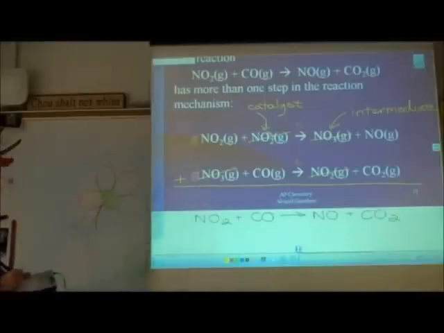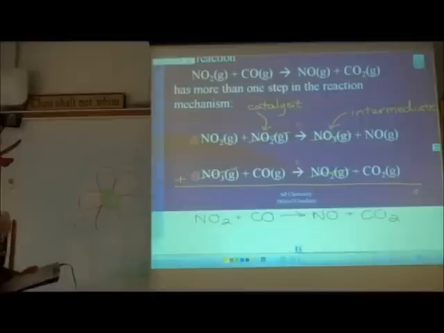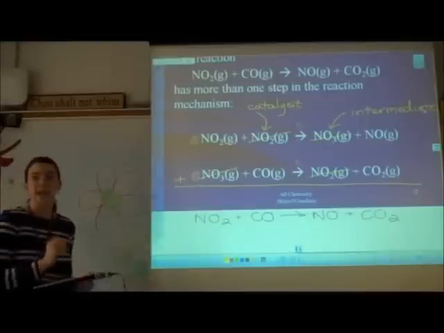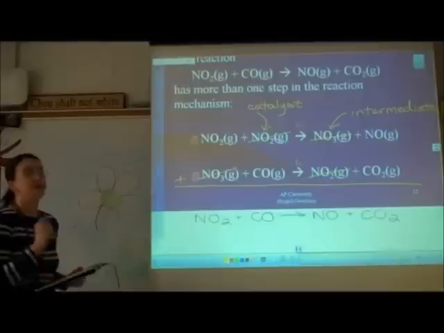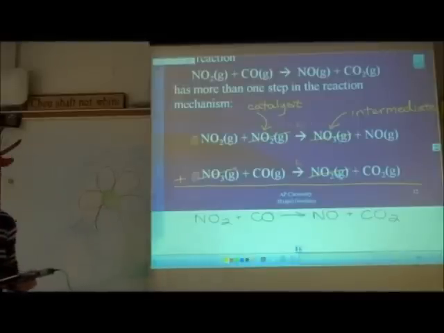Okay? So, in order to fall under the definition of a catalyst, it has to cancel out. But a catalyst, unlike an intermediate, is a reactant first and then pops out again somewhere later as a product.